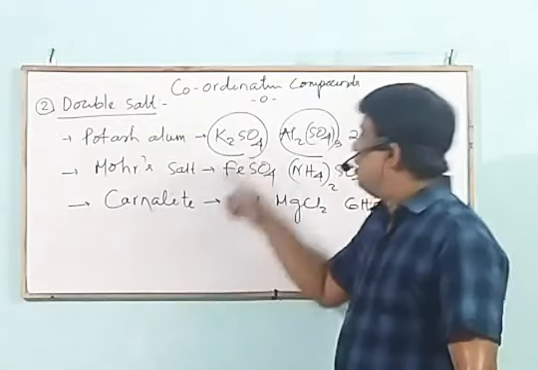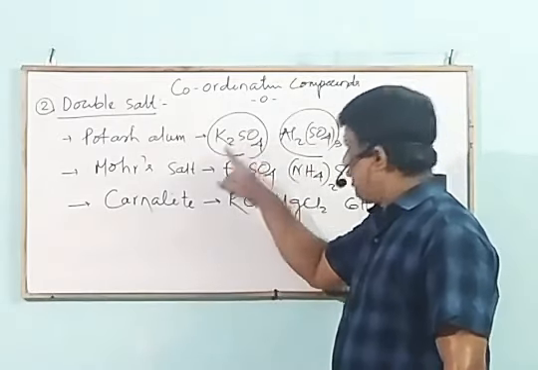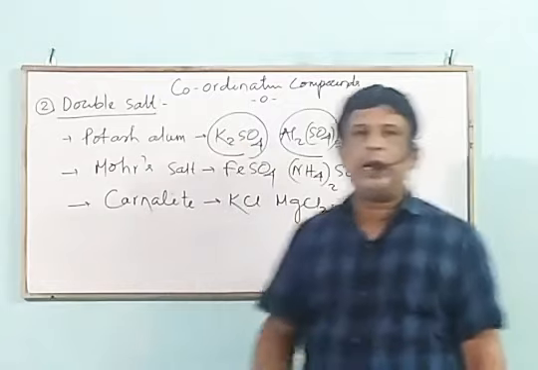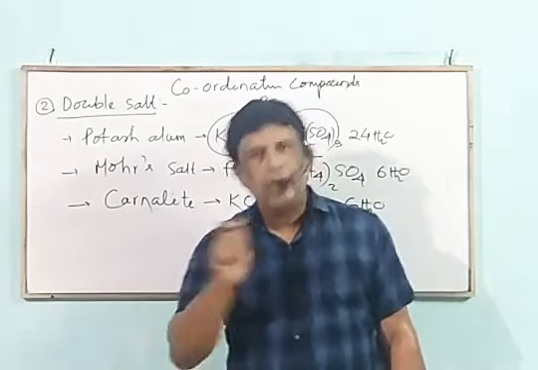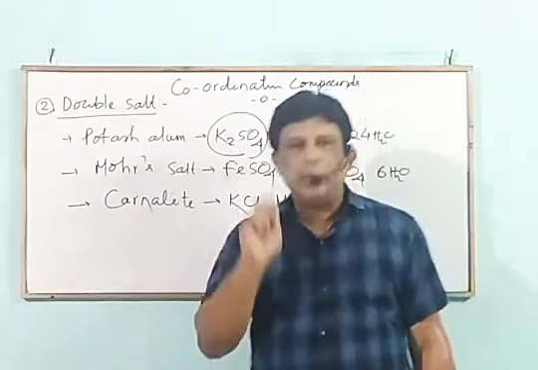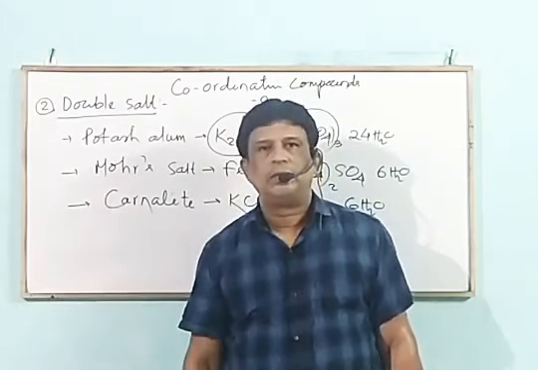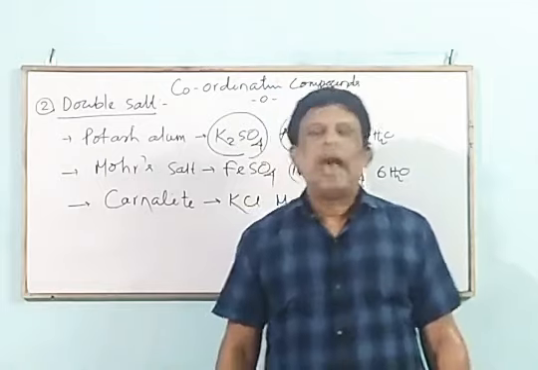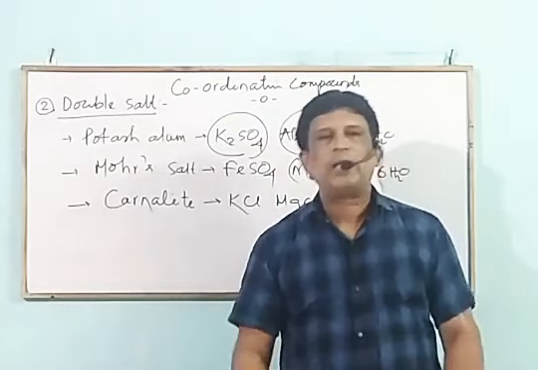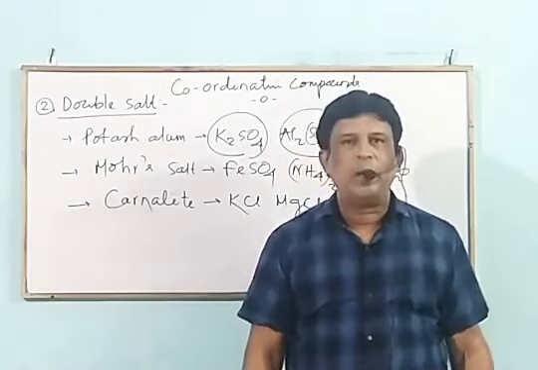For example, potassium alum gives the taste of potassium, aluminium and sulfate ions. And here, in double salt, the same metal atom possesses its normal valence. Then we discuss another term, that is complex salt or coordination compound.